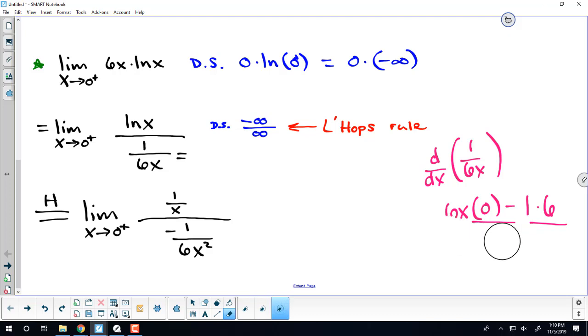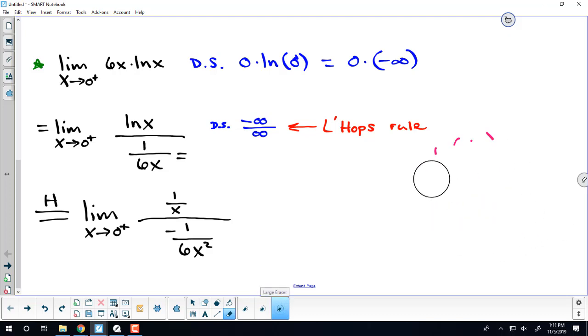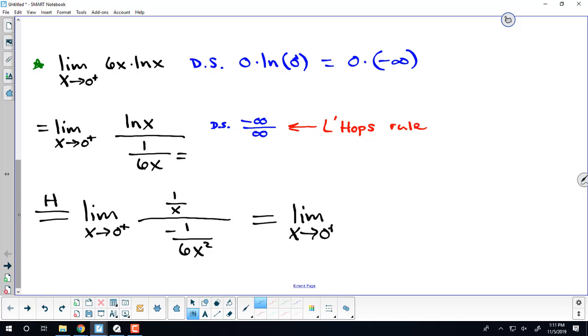All right, so after we apply L'Hopital's rule, what do we do after that? You have to simplify it first. Before you even reevaluate, simplify this, just an algebraic step. So we're just going to write equals, and then we've got a 6x squared on top divided by -1 times the 1 over x.